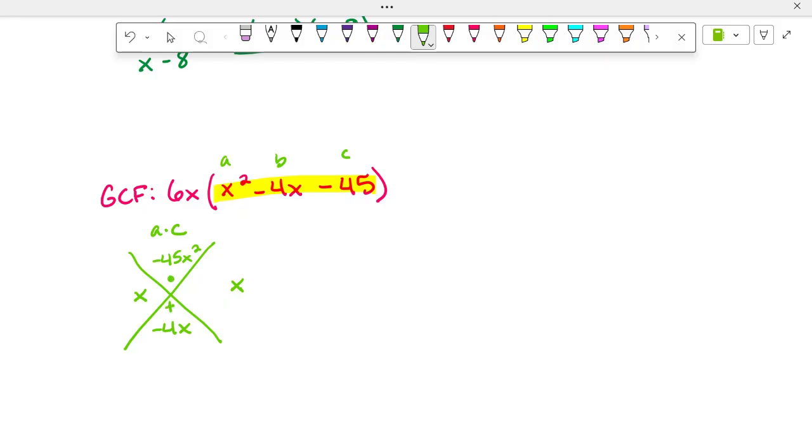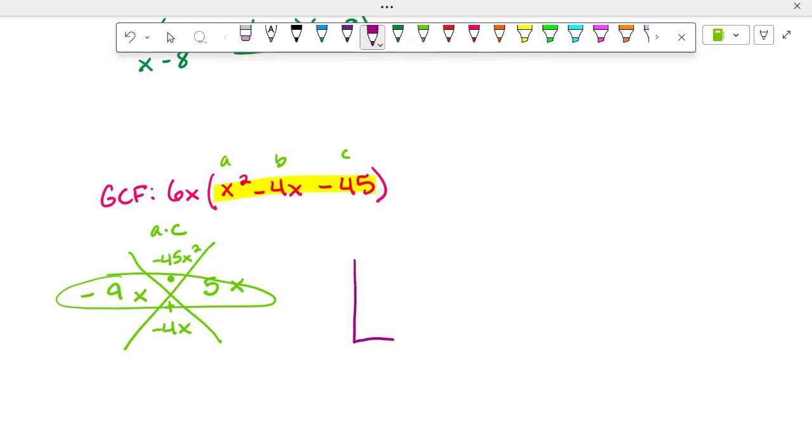Now, since we're multiplying to get a negative number, that means one of our factors has to be what? Negative. So what are factors of 45? Where one of them is negative, that can add to negative 4. Negative 9, positive 5. So these are the two factors. What do I do next?